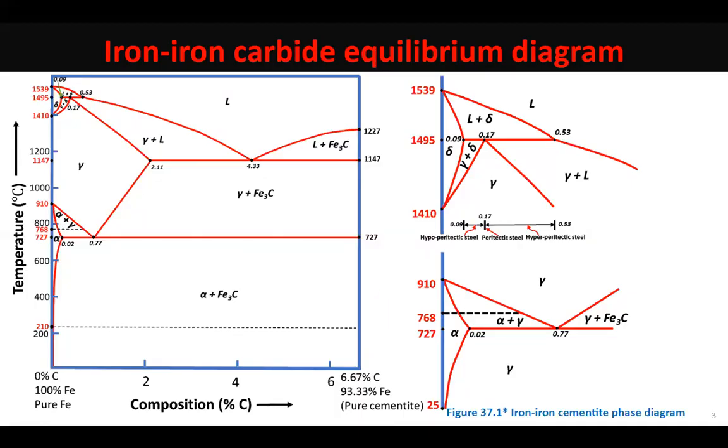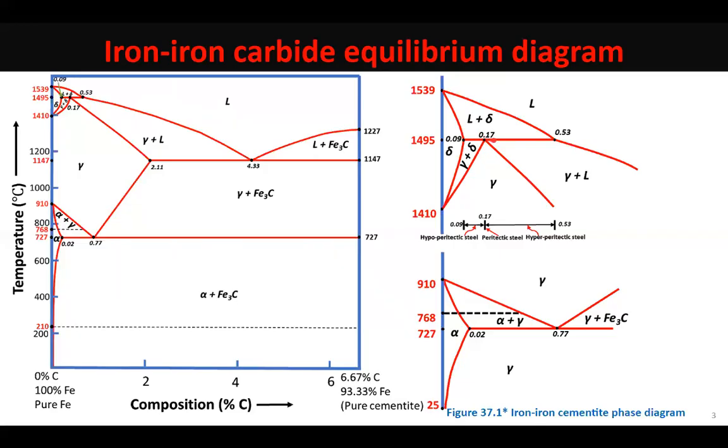This entire 10% will participate in the peritectic reaction, and what amount of delta has to participate? 10 into 4.5, so 45 percentage delta will participate. So 10% liquid plus 45% delta makes 55% austenite. So this austenite is there, but this entire delta has not been consumed. It was 90%. Out of that 90, 45 has been consumed in the reaction, but 45 remains unreacted, that is being shown along with austenite here after the reaction.